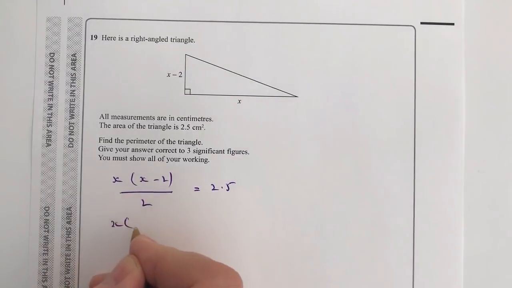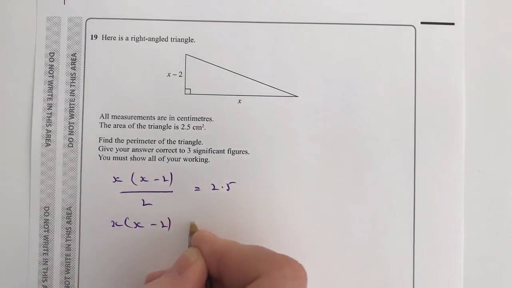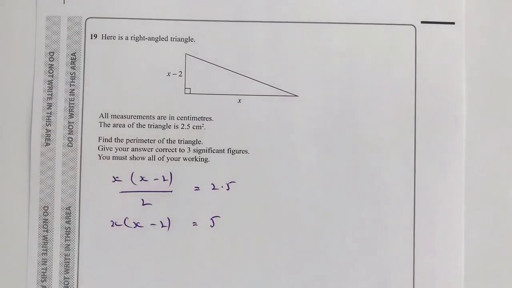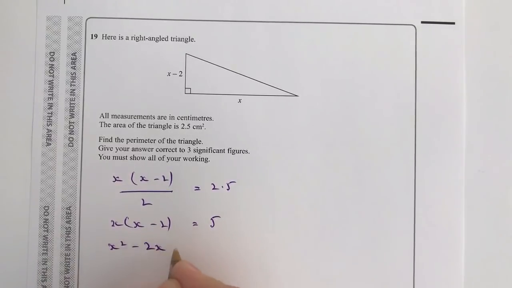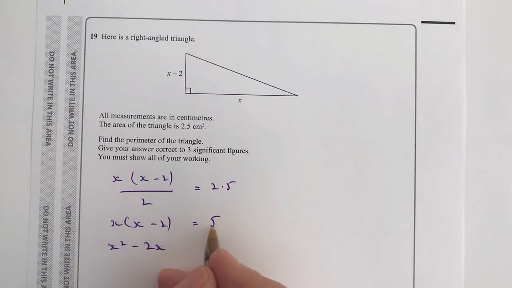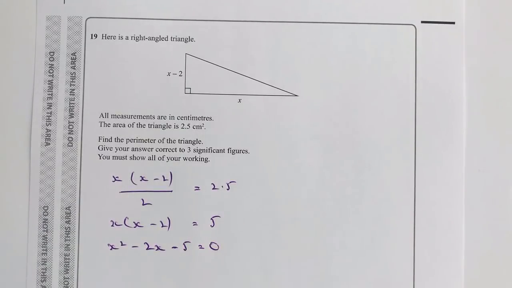On the left hand side I get x times x minus 2, and on the right hand side I get 5. Then if I multiply out the brackets I get x squared minus 2x, and if I bring that 5 over, I get minus 5 equals 0. So now I've got a quadratic equation that I can try to solve.